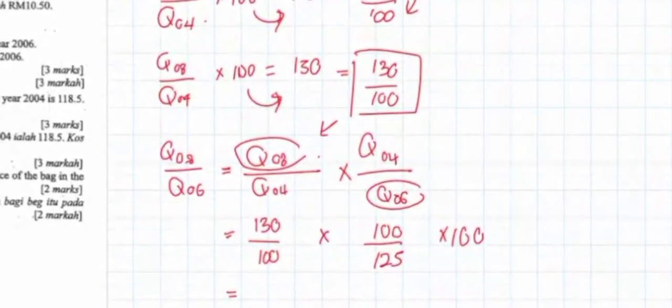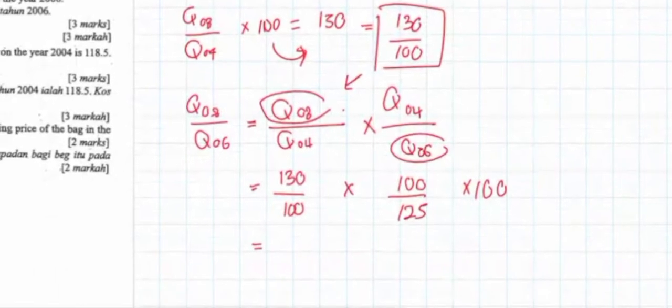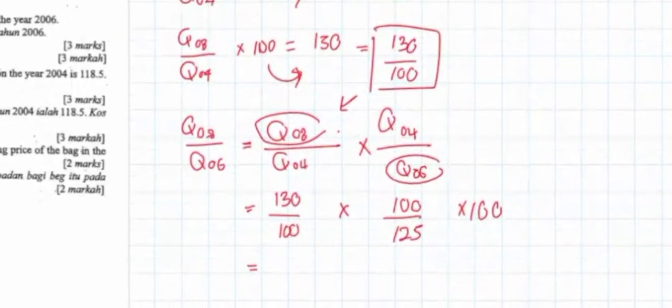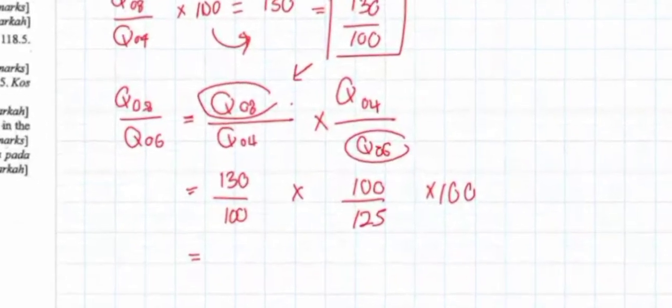As you can see, Q8 per Q4, this top one over here, is equal to 130 per 100. Over here I write 150 per 100. Sorry, I cannot keep saying 130 because she wrote 130, so I keep reading it out wrongly. Later I'll show you better afterwards. Sorry for the very complicated explanation though.